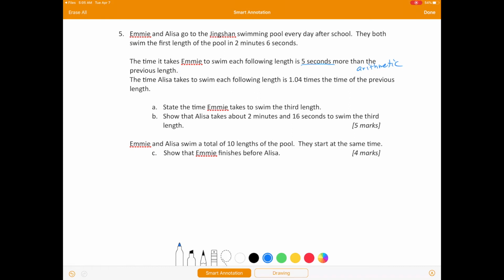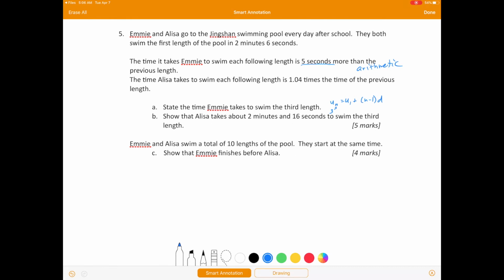Now, I know that you could just take 2 minutes and 6 seconds, add 5 seconds, and then add 5 seconds again to get the 3 laps, and you get 2 minutes and 16 seconds. You can also use your arithmetic sequence, which is u_n, and I want the third length here, equals u_1 plus (n minus 1) times d.